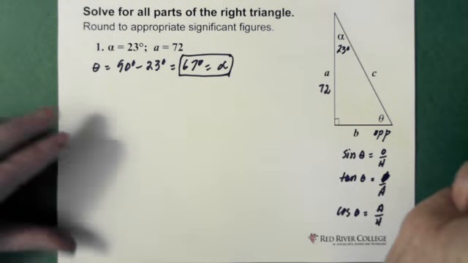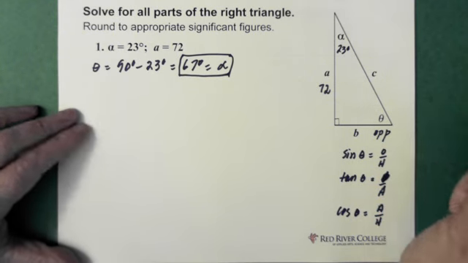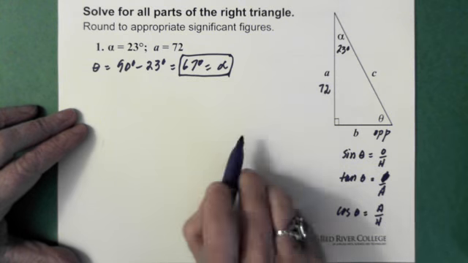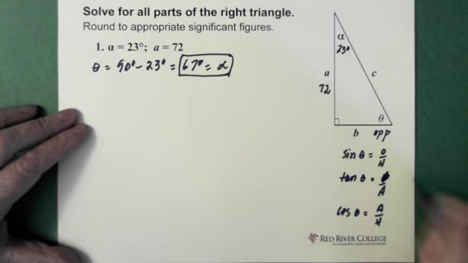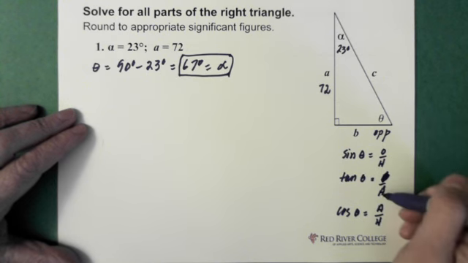All right, now let's go back to solving for B. We would be using tan because we're looking for the opposite and we have the adjacent, so opposite over adjacent.